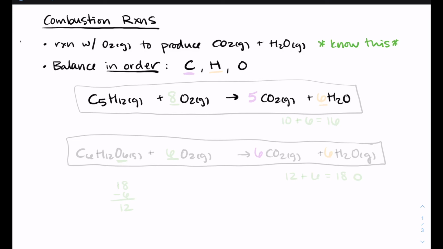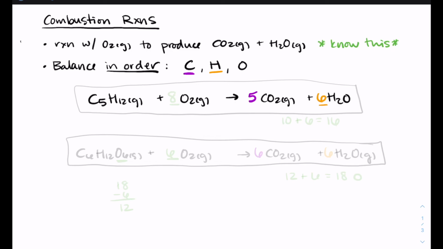Now, first I'm going to balance the carbons. On the left, I have 5 carbons. If I put a 5 in front of CO2, that would give me 5 carbons. Then hydrogen: on the left, I have 12 hydrogens. On the right, there are 2 hydrogens in every water, so if I put a 6 in front of water, I'll have 12 hydrogens.